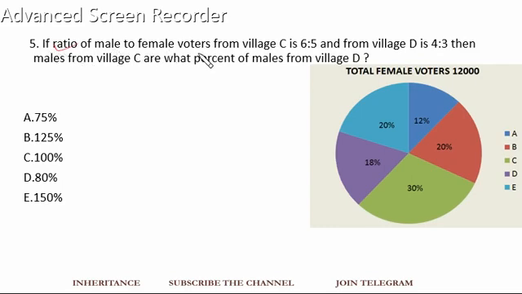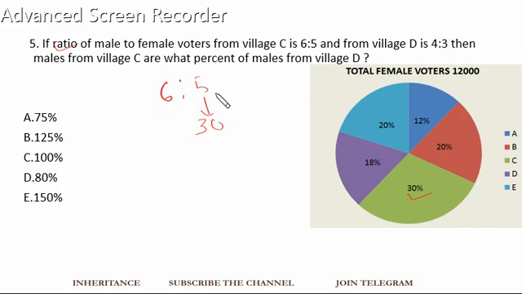If the ratio of male to female voters from village C is 6:5 and from village D is 4:3, then males from village C are what percent of males from village D? Male to female voters from village C is 6:5. In village C there is 30% female, so the female ratio is 5 and the male ratio is 6.